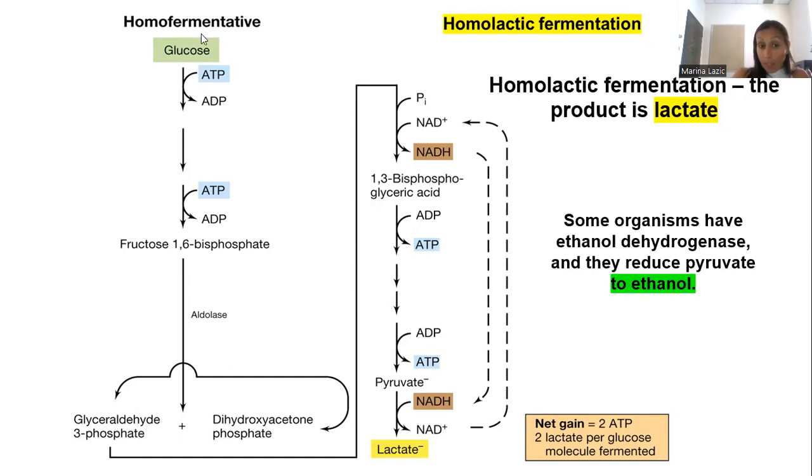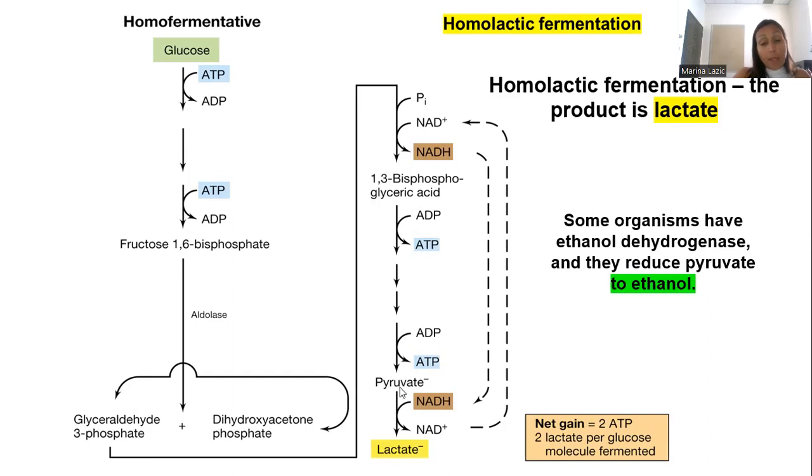Glucose is the substrate being fermented, and you see how ATP is spent. Then fructose 1,6-bisphosphate gets split by aldolase. This is important for the next one. It splits onto two 3-carbon compounds, and each of these will go through this process, which will generate NADH and 2 ATPs, and you end up with pyruvate.